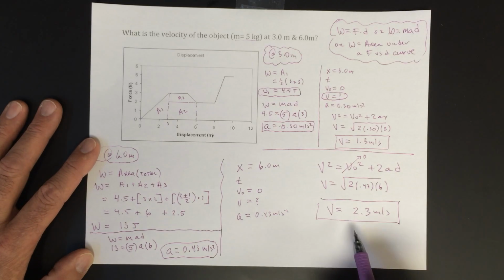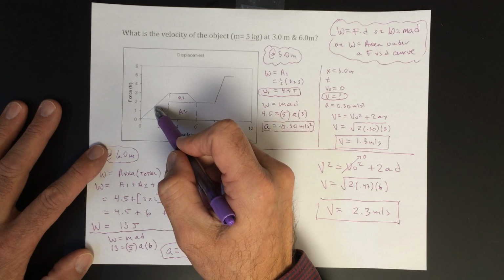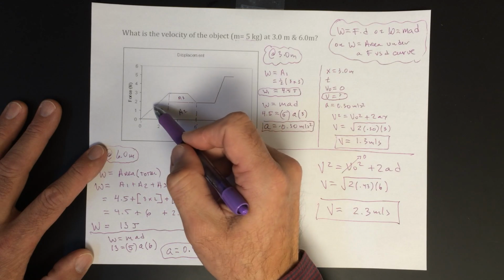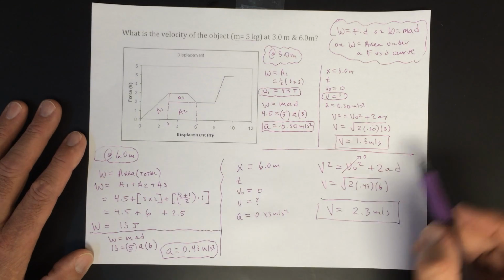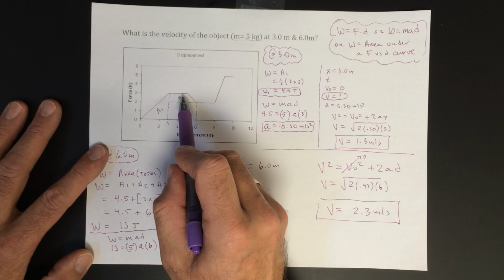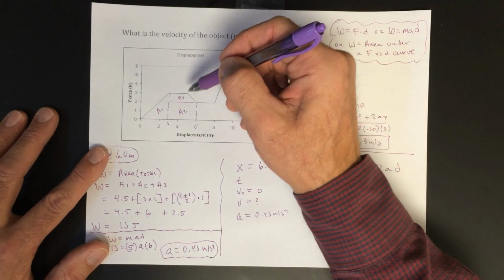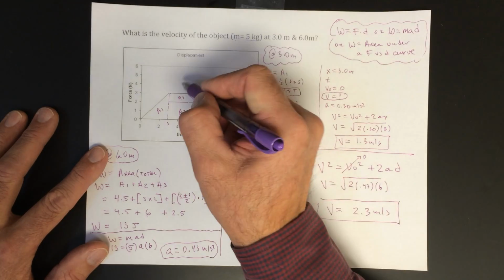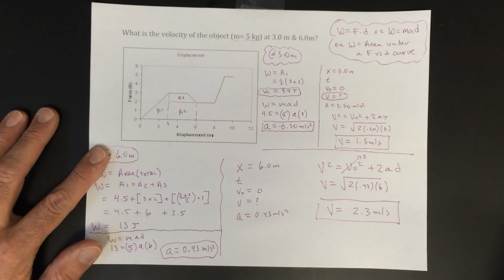Okay, that makes sense. It's going faster. The reason is here you have an average acceleration which probably occurs somewhere over here, and you reach a speed of 1.3, but then you have a continuous force of 3, and that's going to pick up the speed of the object, even though your force decreases here. This part here is very significant. That's what's going to increase the speed of the object.